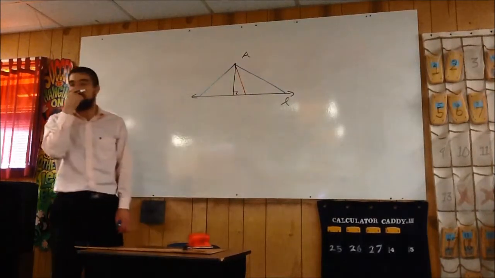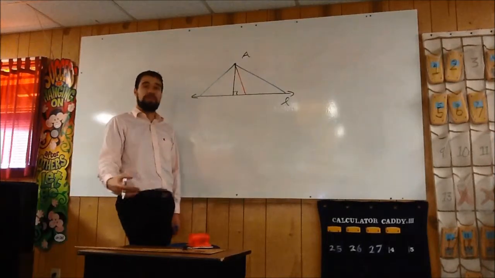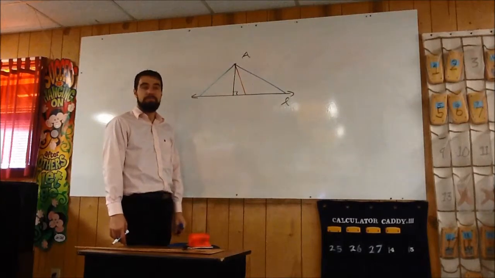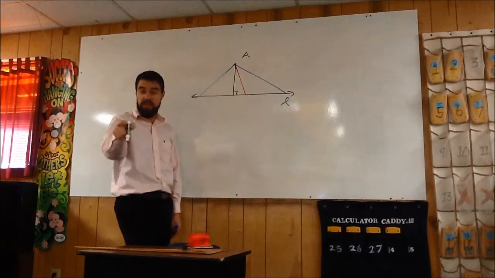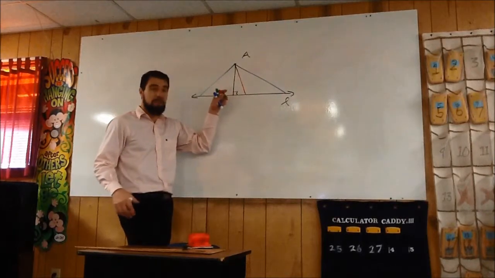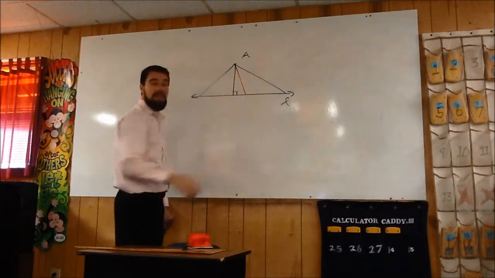That's the distance that you measure. It happens to be the shortest distance from a point to a line. That's why you should have written down in the notes that you've got to make sure you're talking about the perpendicular distance. If you don't know it's the perpendicular distance, then you could be talking about anything.